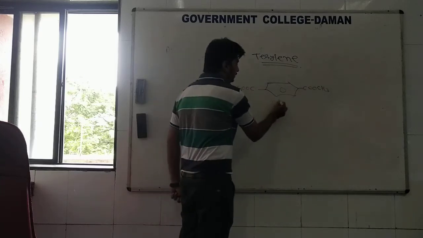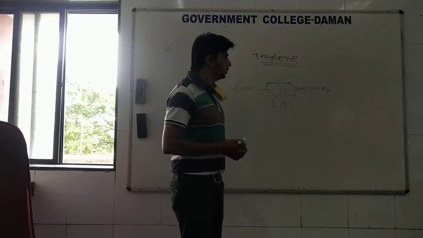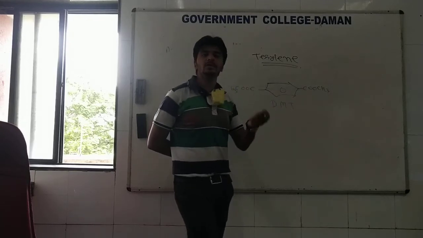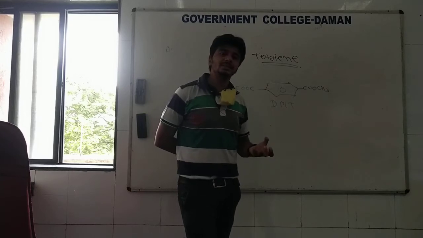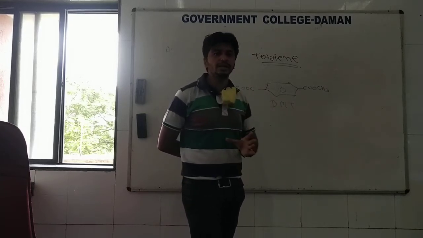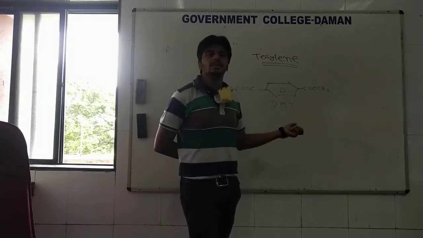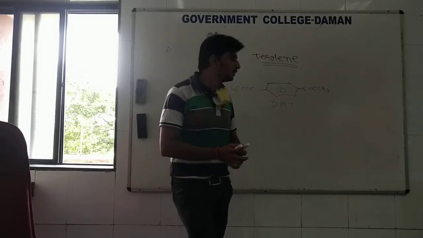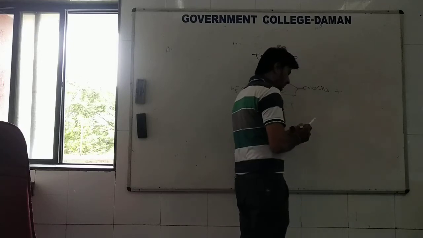We take the dimethyl terephthalate in one vessel and distill it at 160 to 170 degrees Celsius, so that we get the vapor of dimethyl terephthalate. Inside that vessel we have to add ethylene glycol.